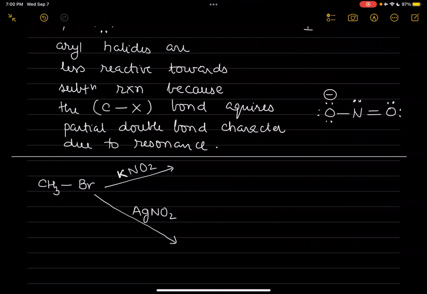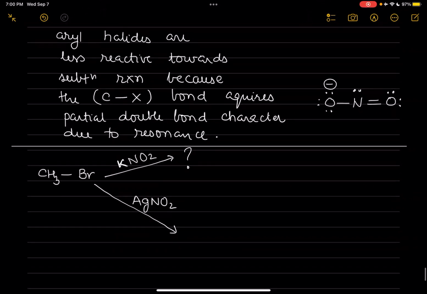When it is reacted with KNO2. Potassium actually comes out very easily because potassium plus has 18 electrons like argon. Argon is a noble gas, so potassium plus is very stable. It gets separated very easily because it is very stable on its own.